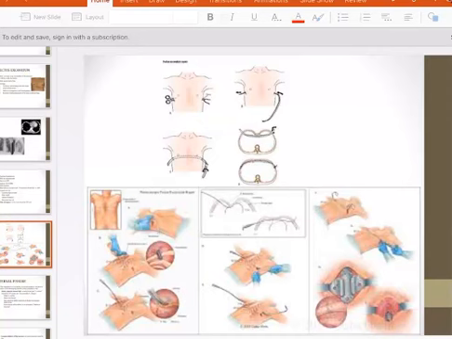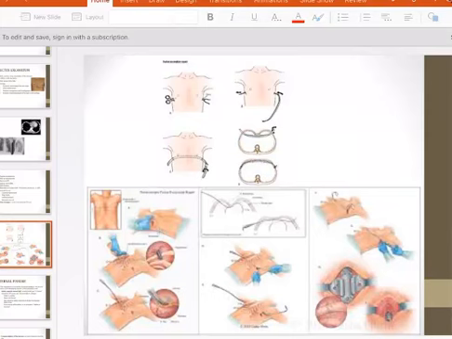After that, we mobilize the body of the sternum, because I cut the costal cartilages attached to the sternum on both sides, and I do a fracture of the posterior table of the sternum, and I put a steel bar behind it to elevate the depressed sternum.